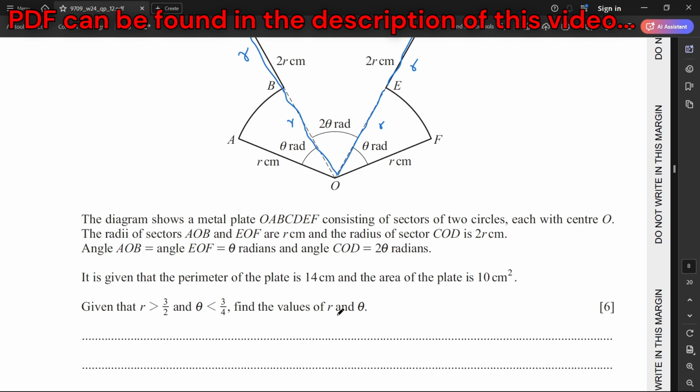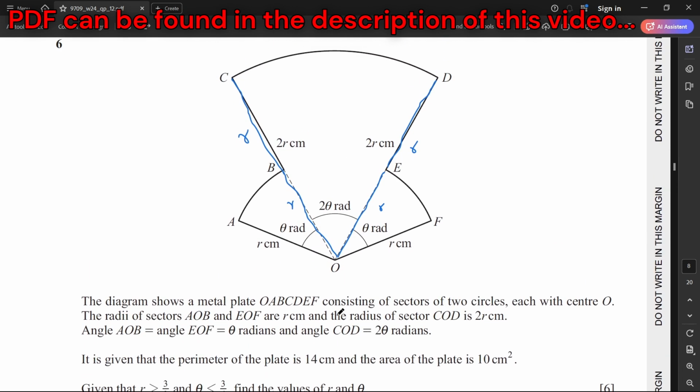So first of all, if I have to mark the perimeter, let me choose a red color for that. So the perimeter will be, this is r, then this is the arc length that is given by r theta.